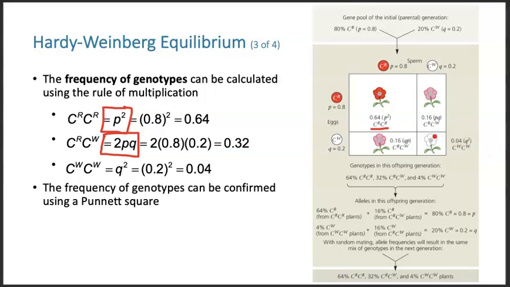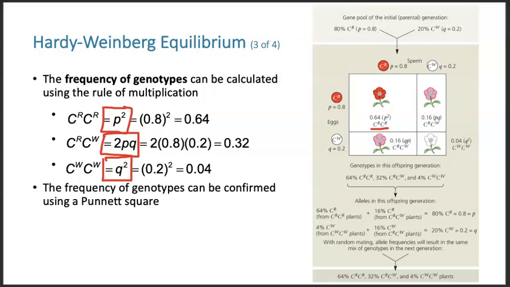If we want to calculate the frequency of getting the white flower, you would do the frequency of having a white allele in a sperm and the frequency of having the white allele in the egg. It's 0.2 each time. So 0.2 times 0.2 is 0.04. And that's like saying q times q, right? So q squared. So what we have defined on this slide are some really important concepts: p squared, 2pq, and q squared.